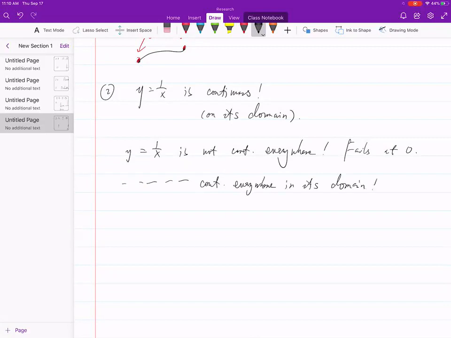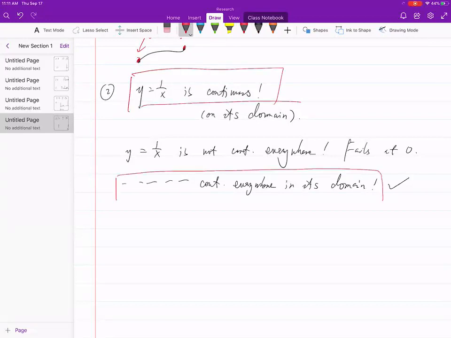Okay, this is true. It's not everywhere because there's a number 0 which doesn't work. But if you're just concerned about the domain, then it is continuous everywhere. Now, when we don't say anything, we mean the second. We don't mean the first.